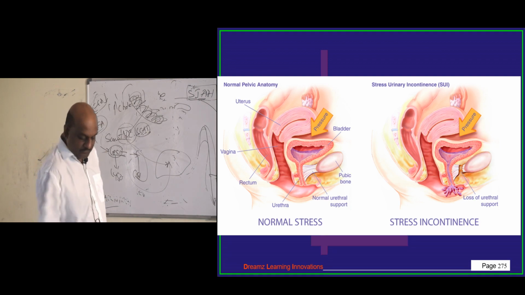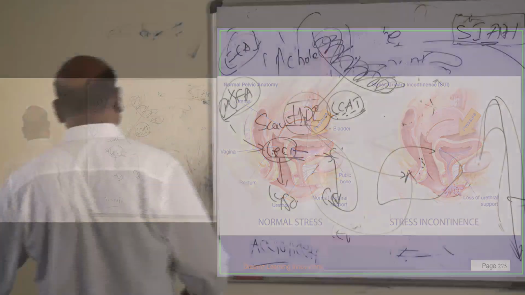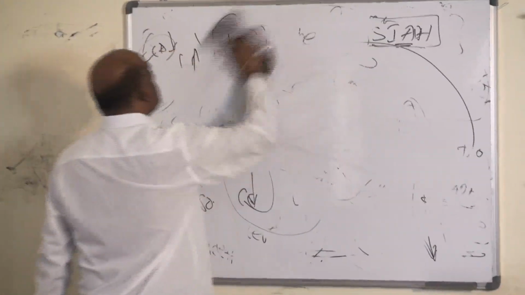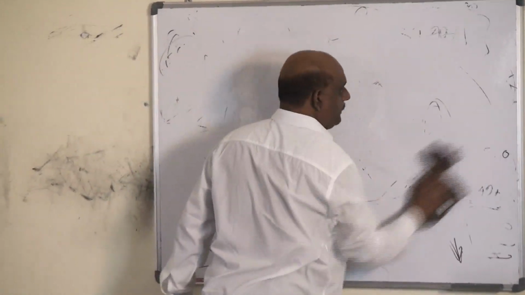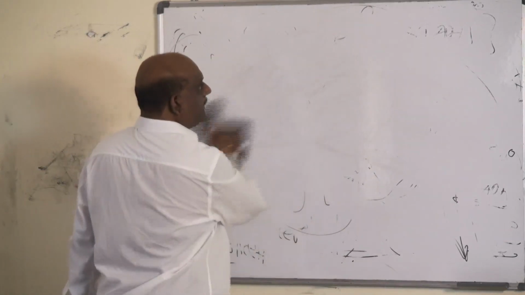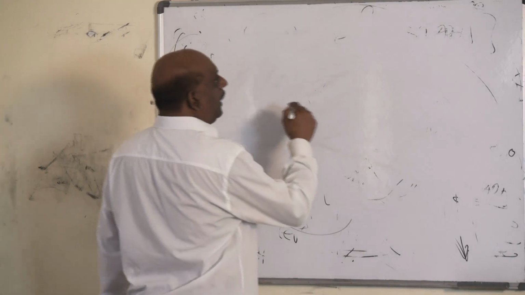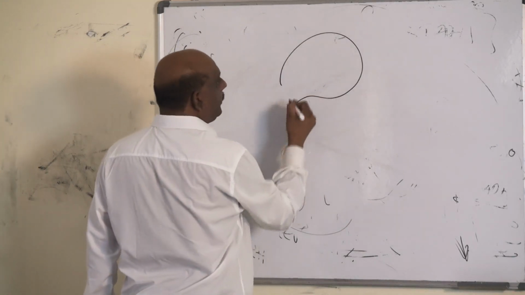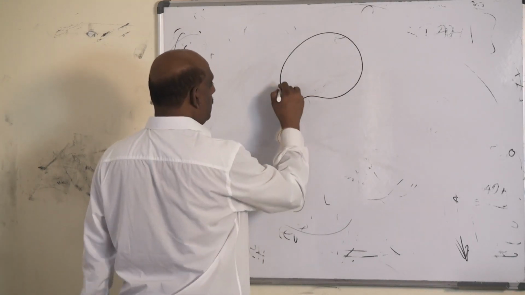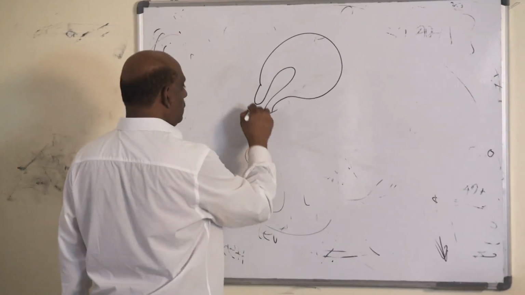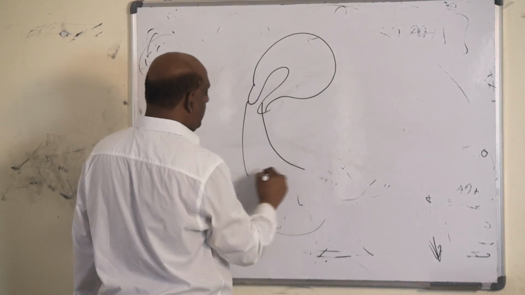Still, I'll once more draw it, and whiteboard always helps, doctor. It gives you better clarity, right? So you have the ureter and you are having the vagina.